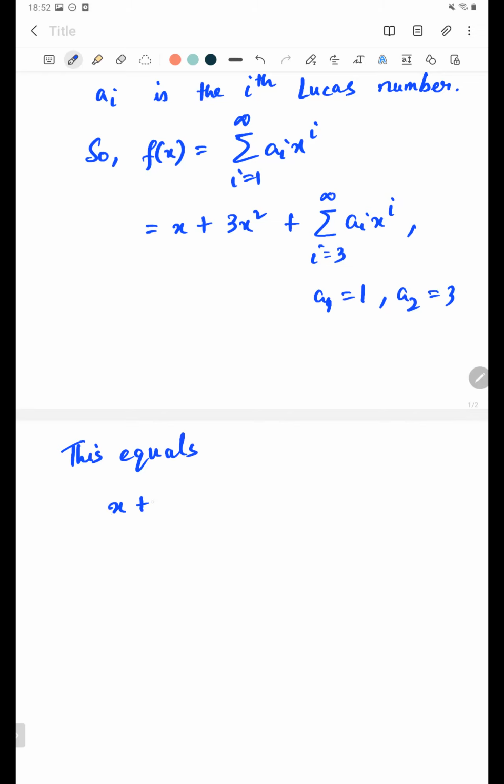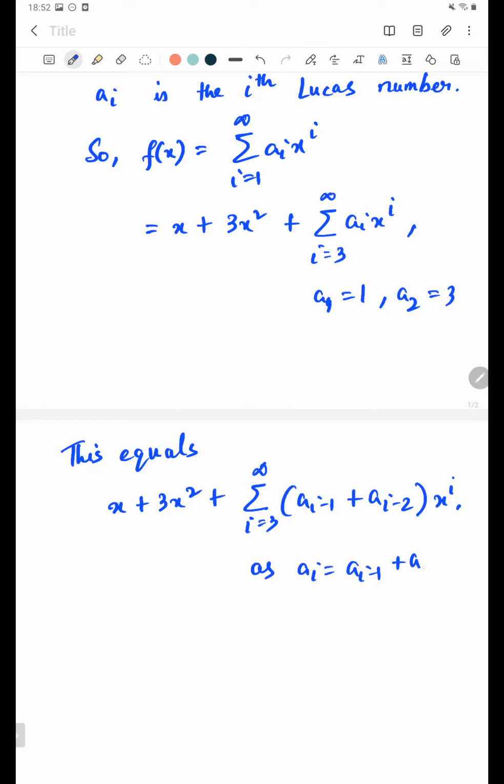Now this equals x plus 3x square plus sum over i from 3 to infinity ai minus 1 plus ai minus 2 x to the power i, because we know that ai is equal to ai minus 1 plus ai minus 2 for all i greater than or equal to 3.